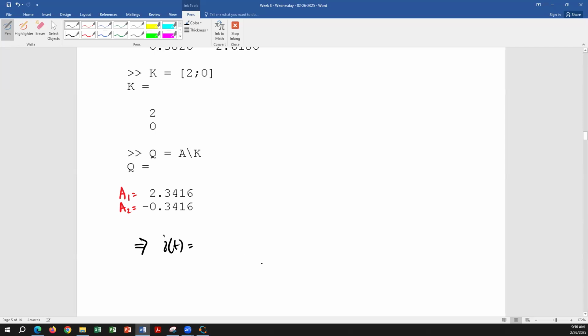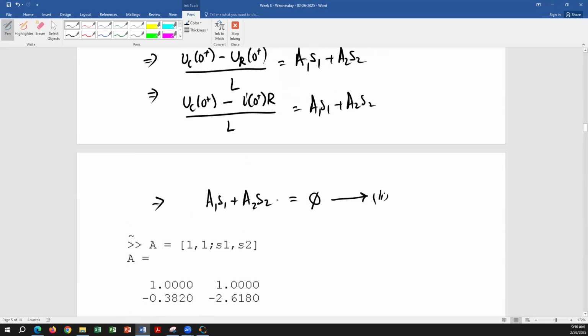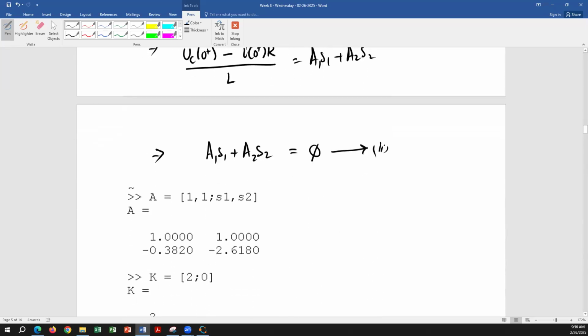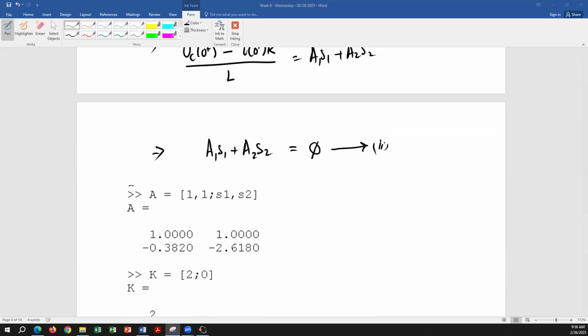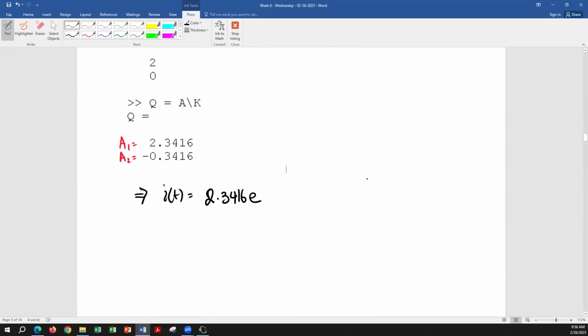So my i(t) is now A1's 2.3416 e to the power S1. Let me see, S1 is what? S1 is negative 0.3820, so e to the power negative 0.3820t.